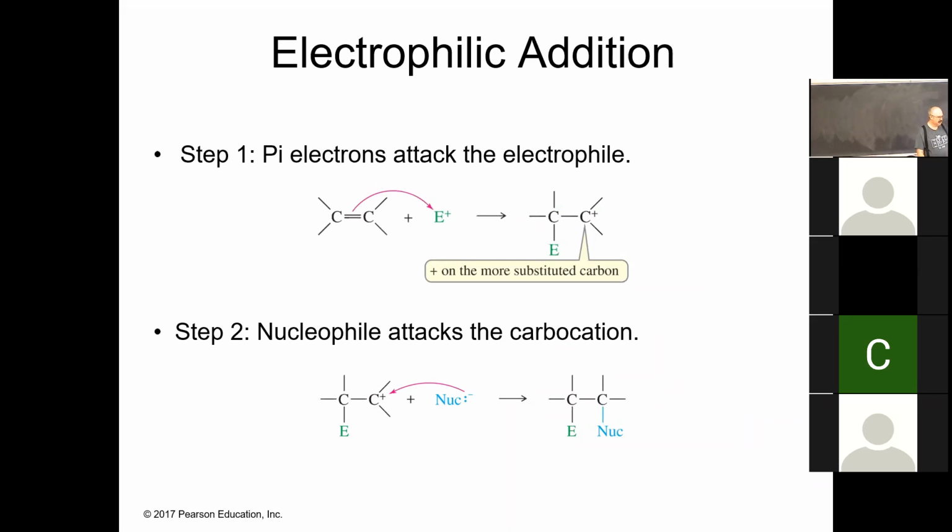This is the pattern for most of the reactions, but not all of them, in this chapter. The double bond attacks the electrophile. We get a carbocation. We'll have some reactions that won't fit this pattern, but then a nucleophile attacks the carbocation.